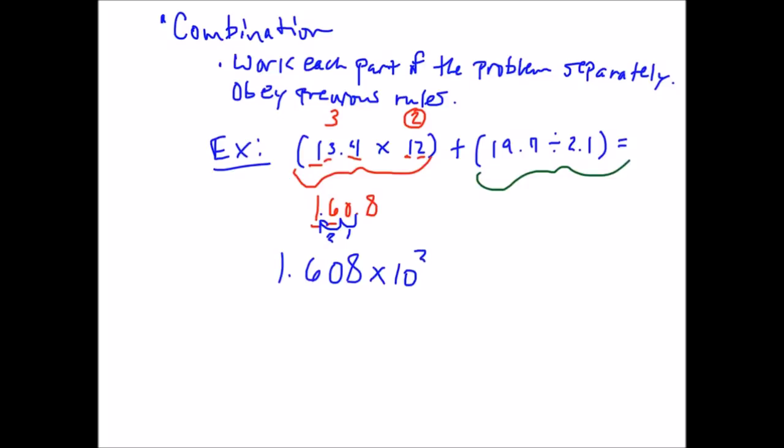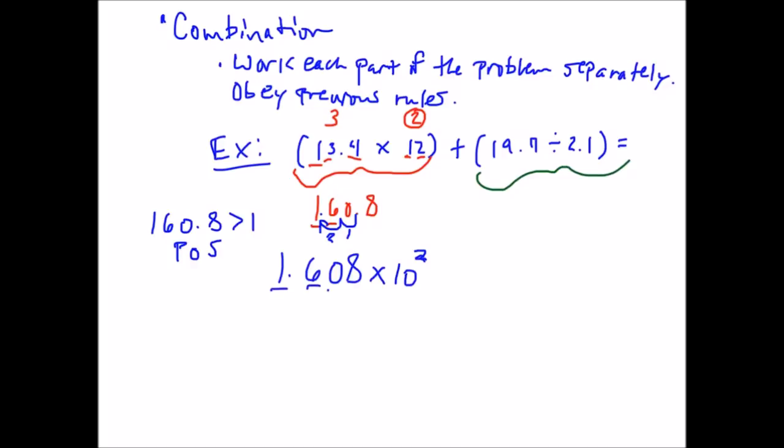Then you have to decide if that exponent is going to be positive or negative. If the original number is greater than 1, then the exponent is positive. If the original number is less than 1, then the exponent is negative. So in this case, 160.8 is greater than 1, so our exponent is going to be a positive 2.